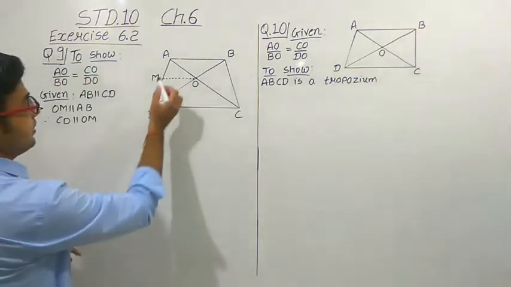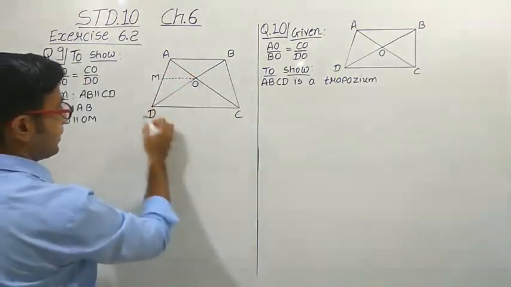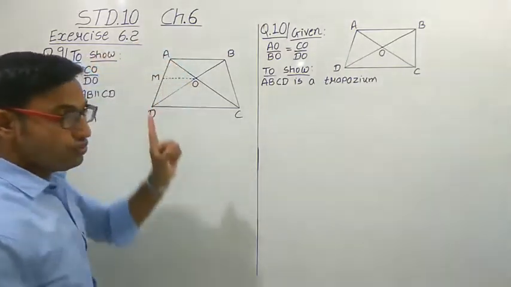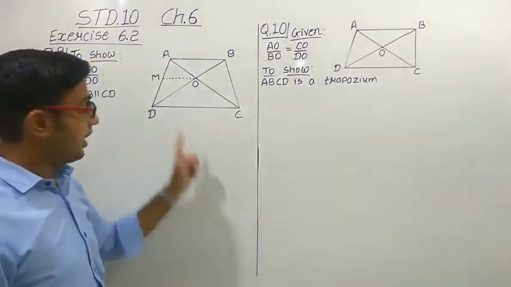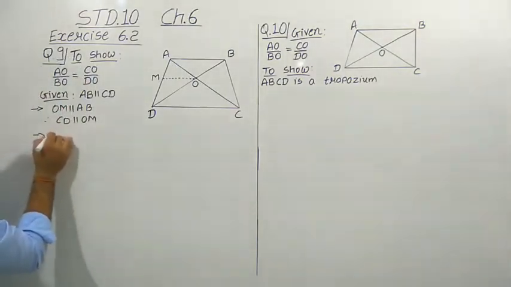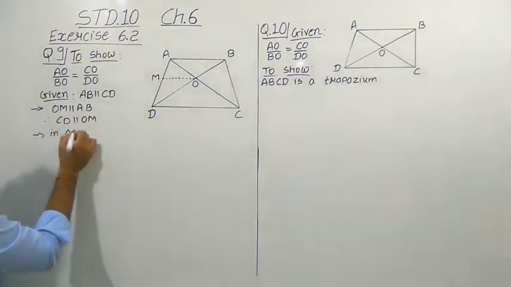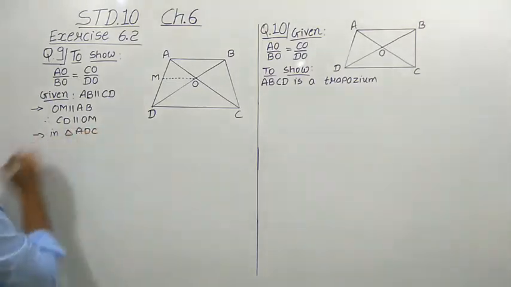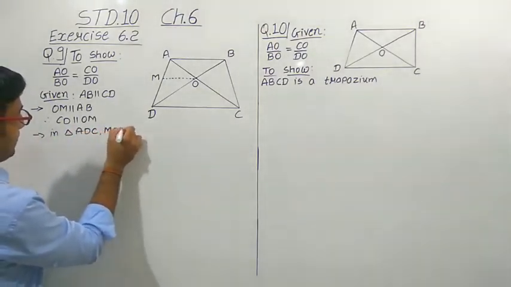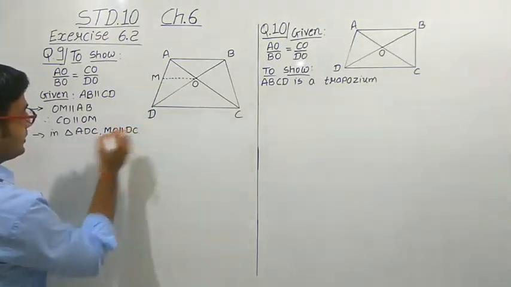Now if we consider triangle ADC, then in triangle ADC, MO is parallel to DC. That is what we required, and now we can apply theorem 6.1. So in triangle ADC, MO is parallel to DC.